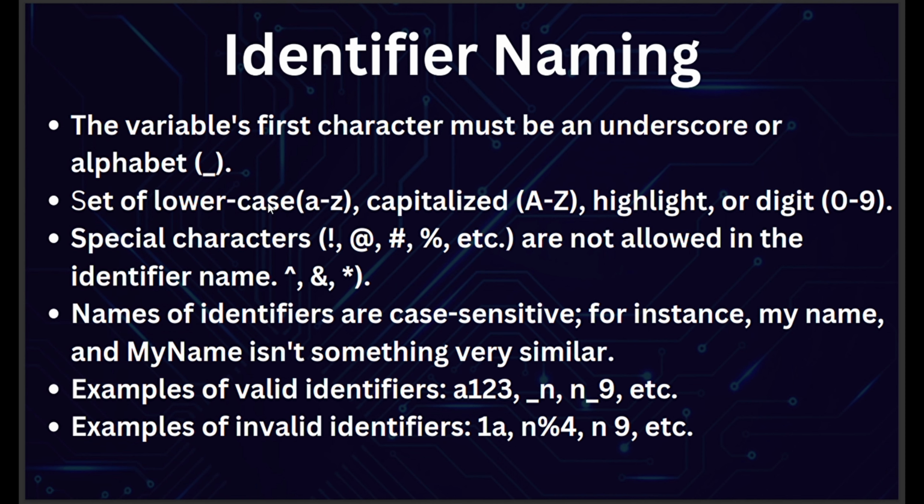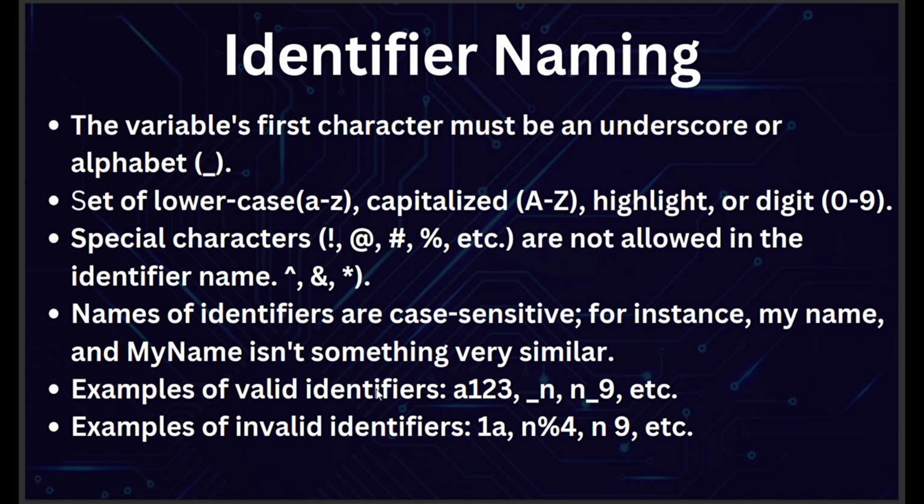Then it can contain lowercase a to z, uppercase A to Z, underscore, or digits 0 to 9. We cannot use special characters like exclamation mark, at the rate, hashtag, percent, etc. Names of identifiers are case sensitive. For instance, myName and myname are not the same.